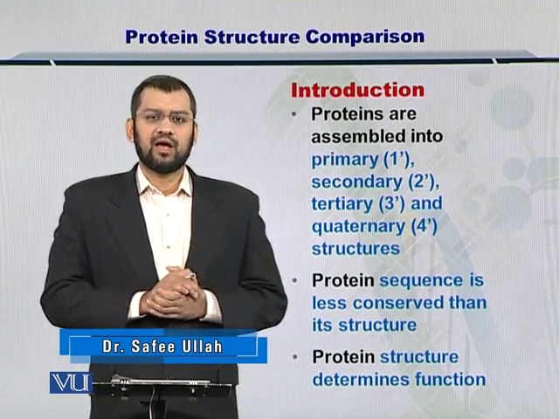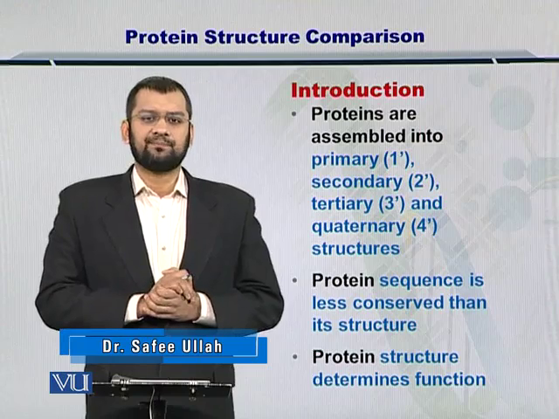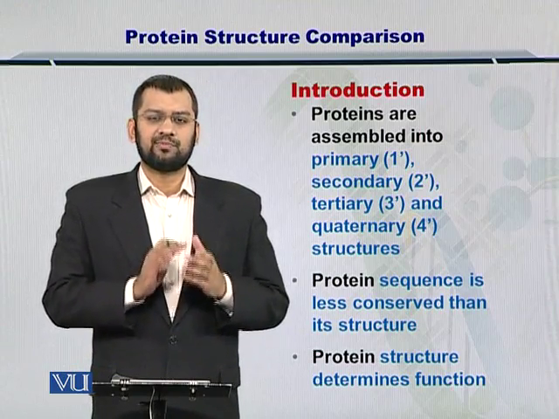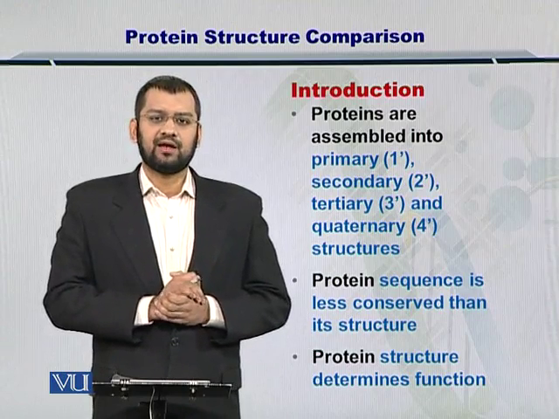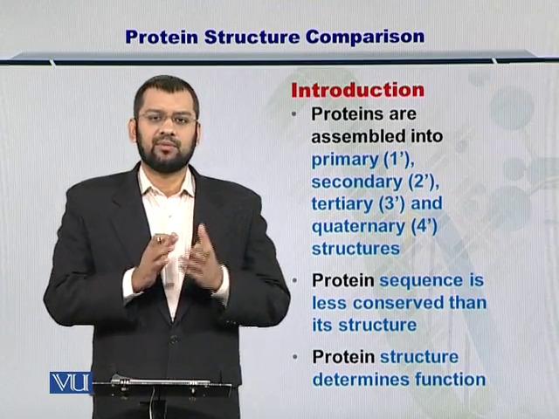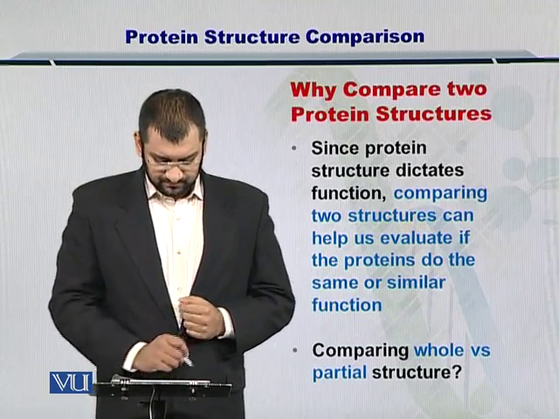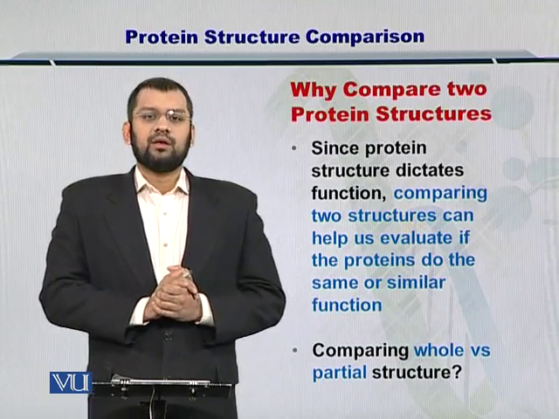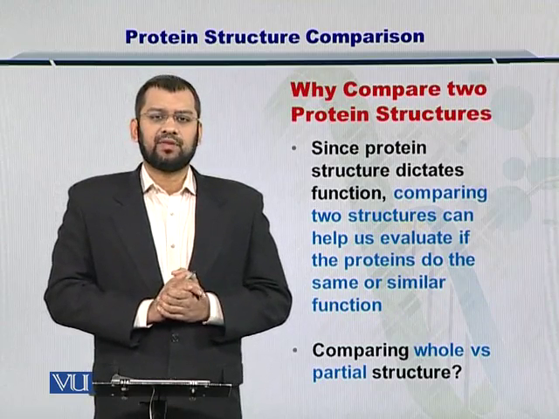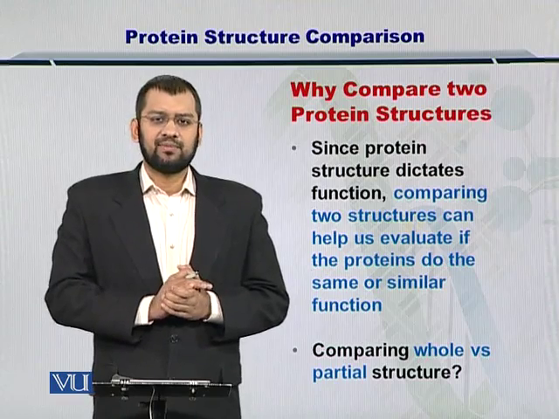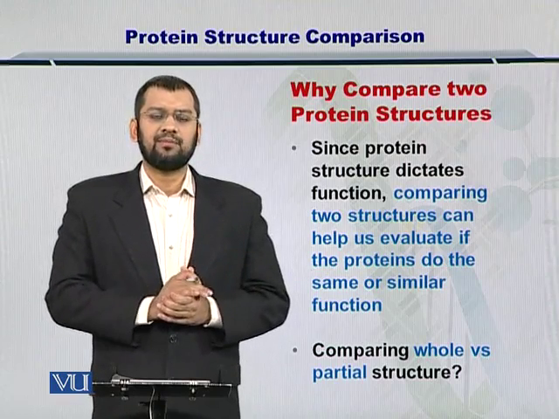So if a protein has this organization, then what does it give rise to? It gives rise to specific function, and the structure is a determinant of the protein function. As I just mentioned, the function can be calculated by simply looking at the structure of the protein.